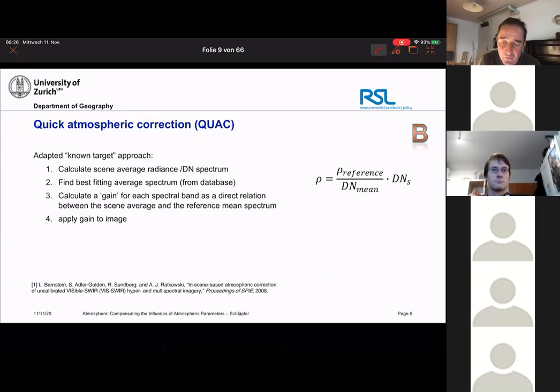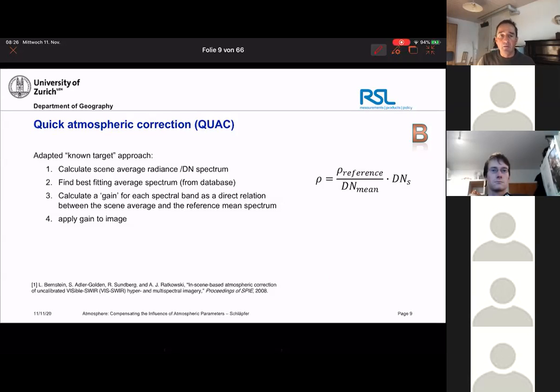If you take the full image and take an average spectrum of it, this should have a certain shape or a certain brightness. That's their approach. So they put together a database which tells you how an image on average should look. What they do is calculate from the image the average spectrum, and they search in their database for a good fitting average spectrum of the reflectance.